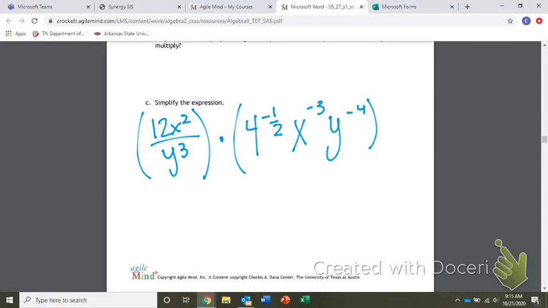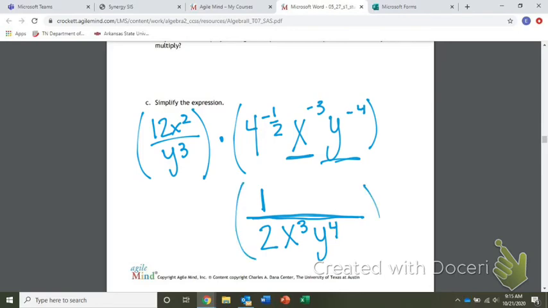All right, so now you have to look. Do you have negatives? Yes, we don't like negatives. So, 4 to the -1/2 is 1/2. Now, we have x -3 and a y -4. Those are on the top now, but they've got to be on the bottom.